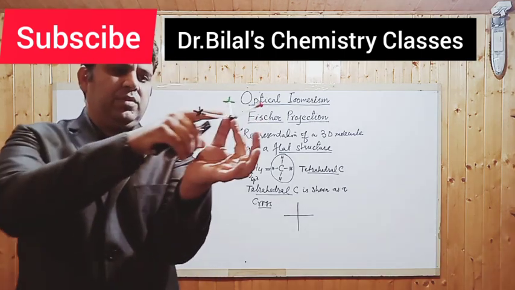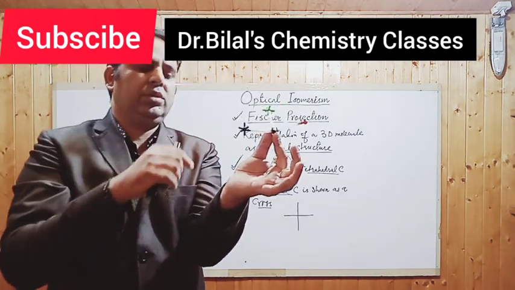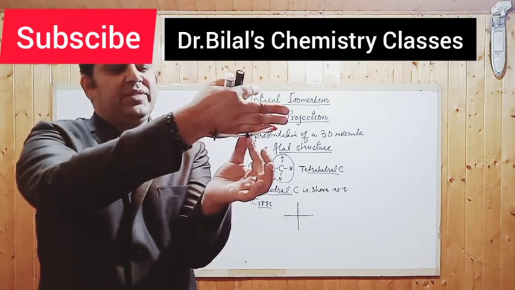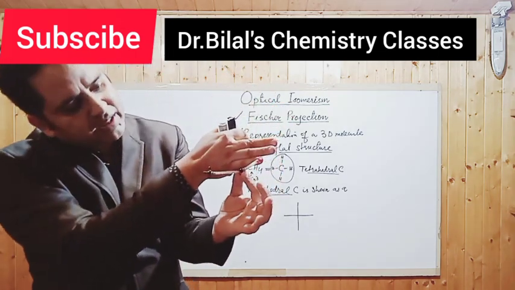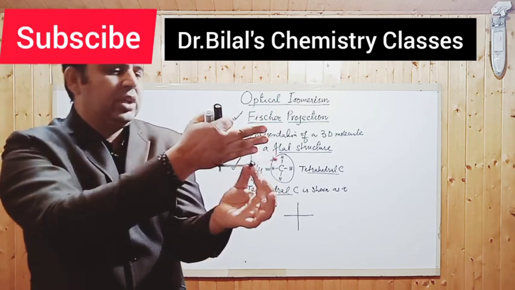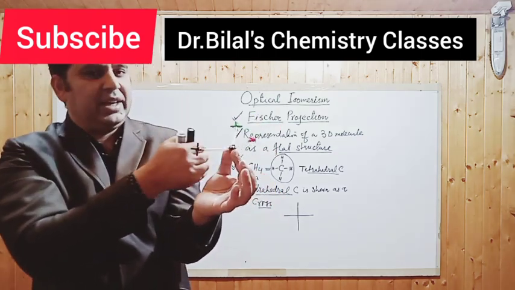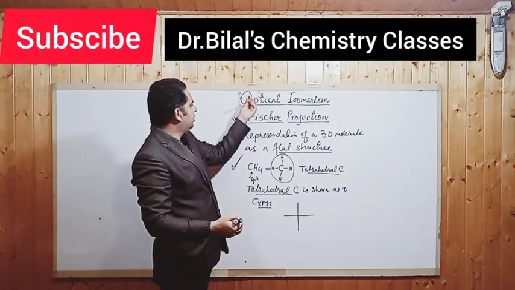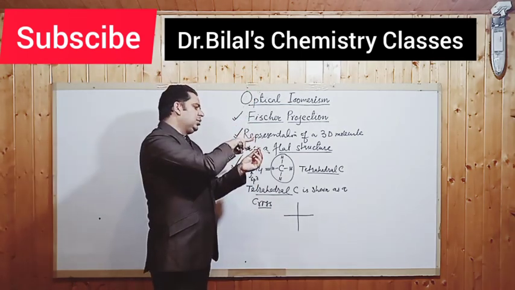You see, these two are coming out and these two are getting in. If this is the surface, the two are coming out, the two are going inside it. On the board you can see the two are coming out, the two are getting in.